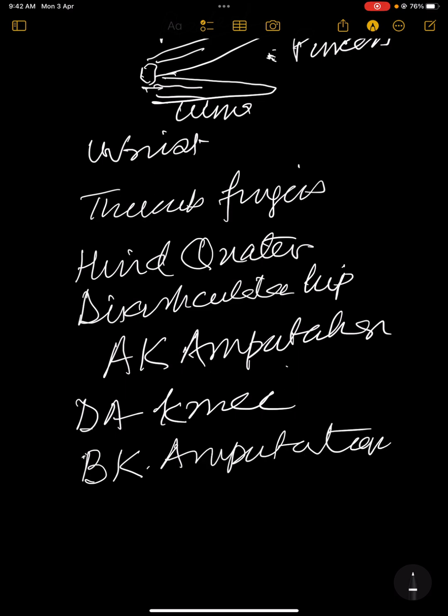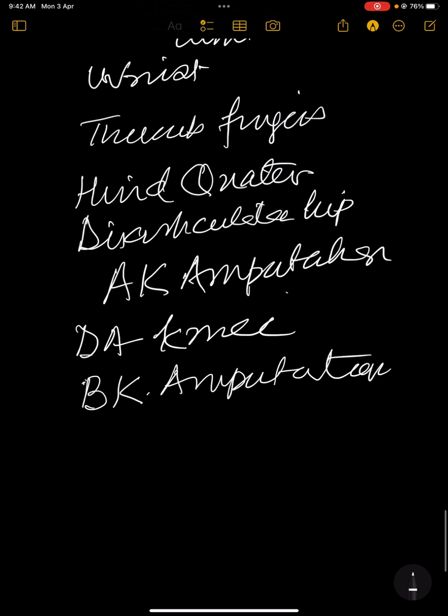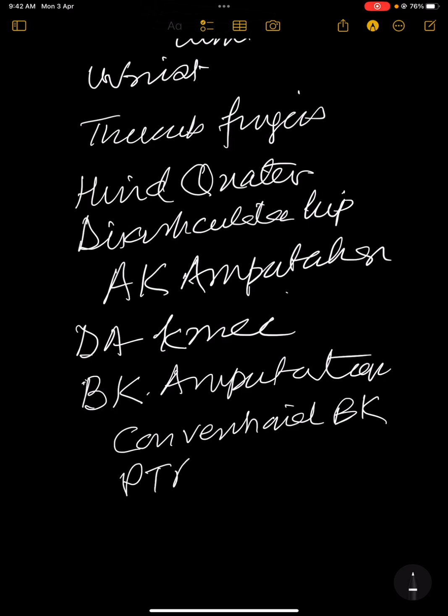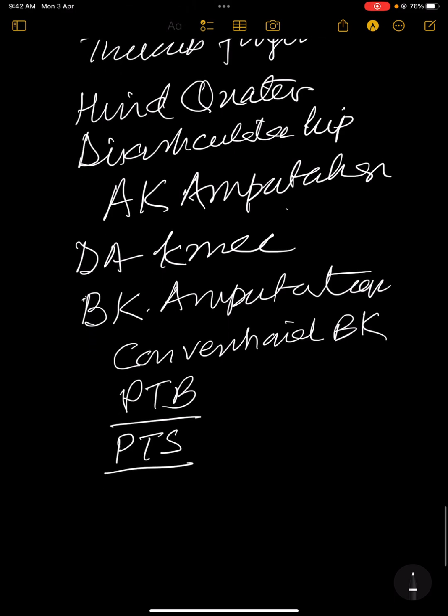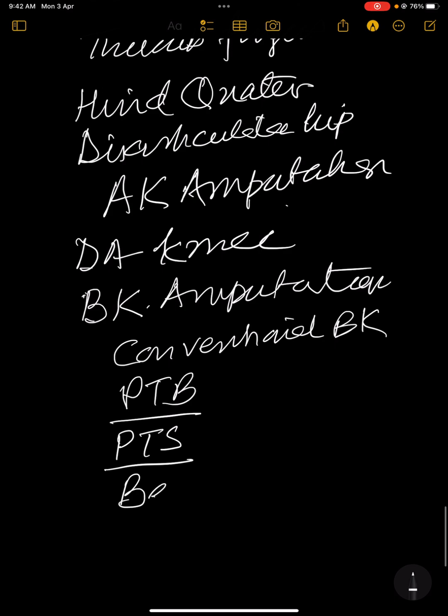And the prosthesis for the below knee is conventional below knee, where there is a thigh corset. Then there is a PTB, patellar tendon bearing. Then there is a PTS, suprapatellar tendon bearing. And there is a bent knee.